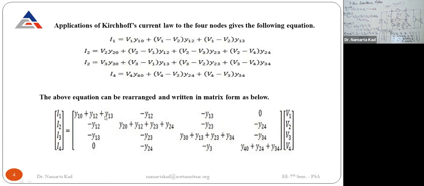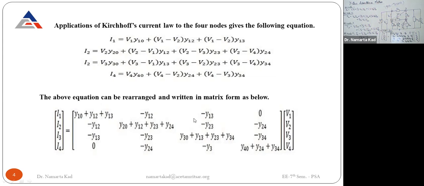Okay, and just observe from this matrix that all the diagonal elements are simply the sum of admittances on that particular node, whereas the off-diagonal elements are the negative of the admittance connected between any two buses. And if there is no admittance connected between any two buses, that element is written as 0.